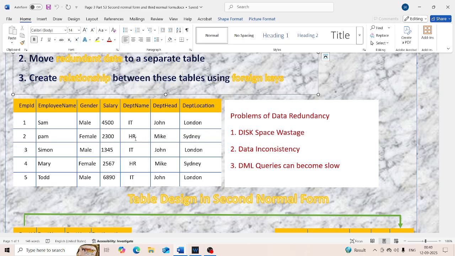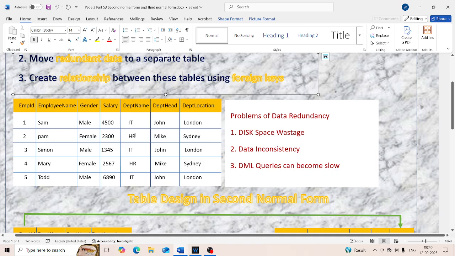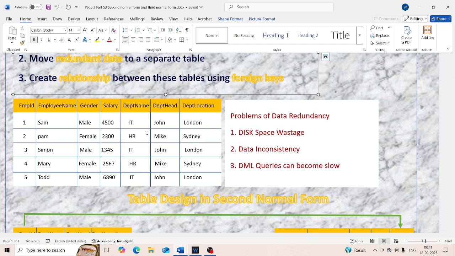In this sense, you know that there are only two departments, and the department head and department location do not change on a per employee basis.